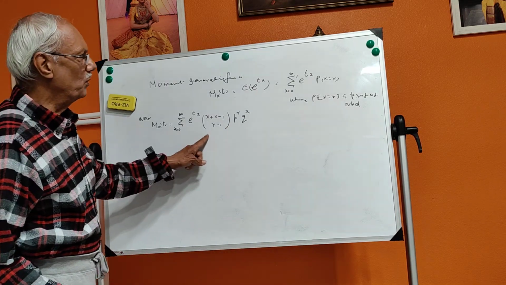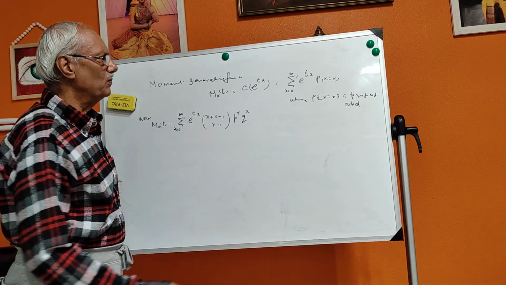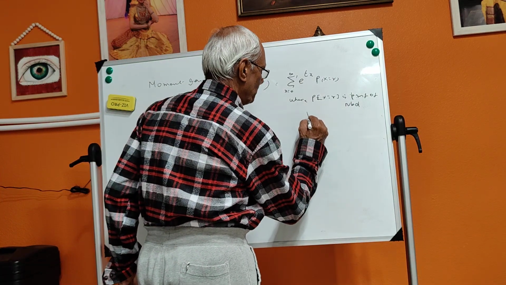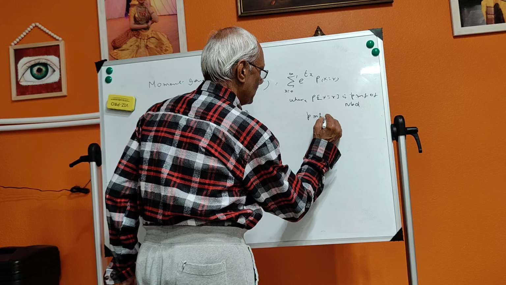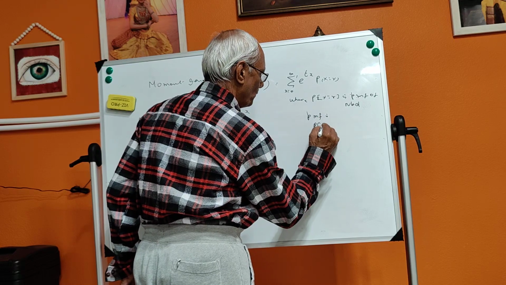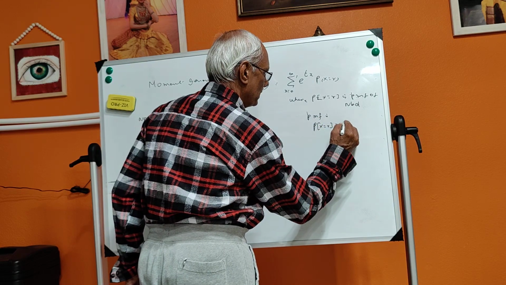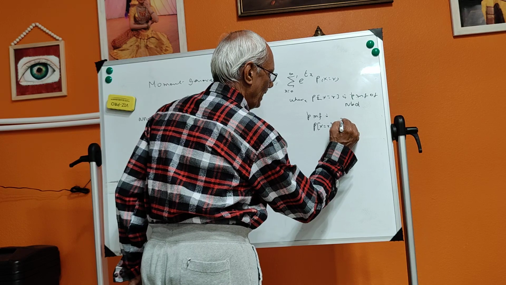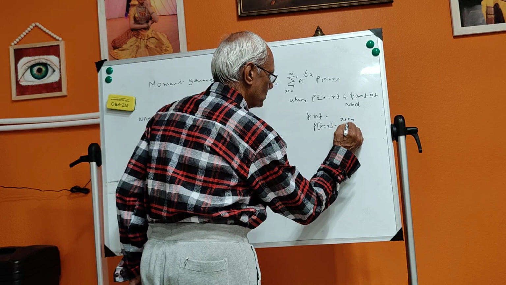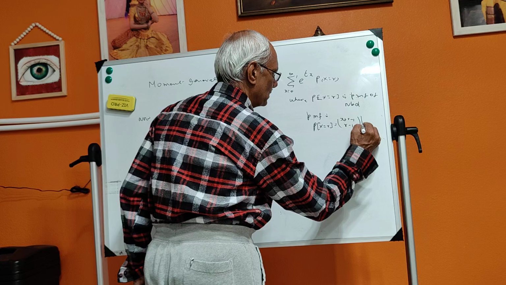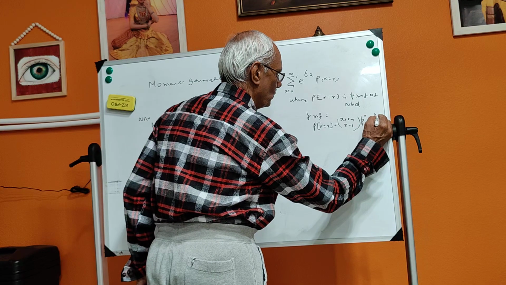So I am writing the probability mass function. The PMF is P(X = x) is equal to (x + r - 1 choose r - 1) p to the power of r q to the power of x.